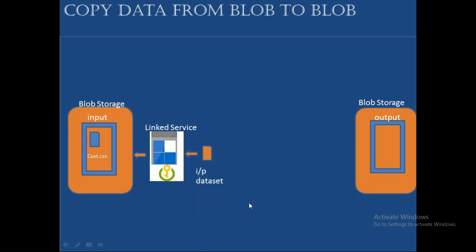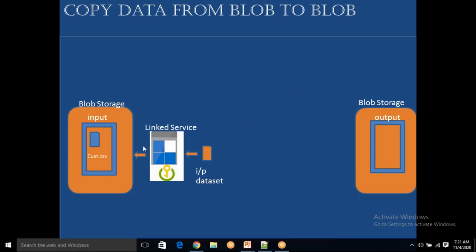So this is the input data set. What will this input data set do? The input data set will read the data from the input container. I am reading data from this input container, so if my data set is referring to the input container, that is nothing but an input data set.